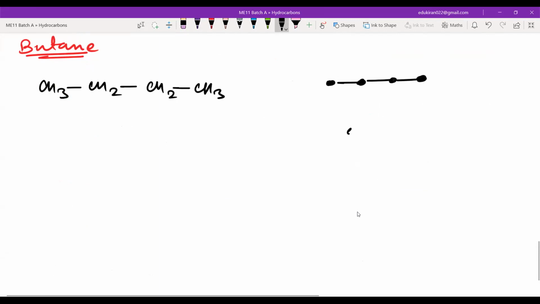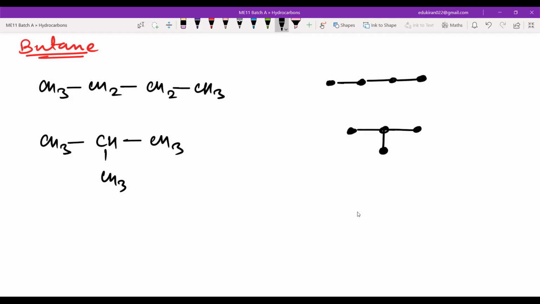What I can do is shorten this to 2 links, and then 1 link will be in the middle. If I write this, it will be CH3, CH, CH3, and CH3. If you calculate the formula, both of them have the same molecular formula, but this will be butane, simple butane, and this will be 2-methyl propane.